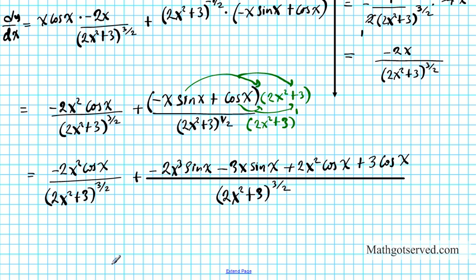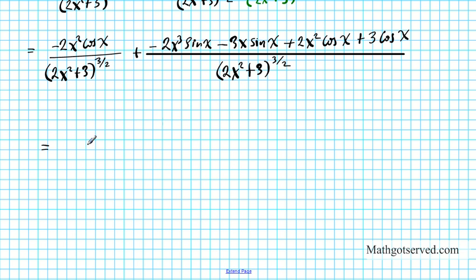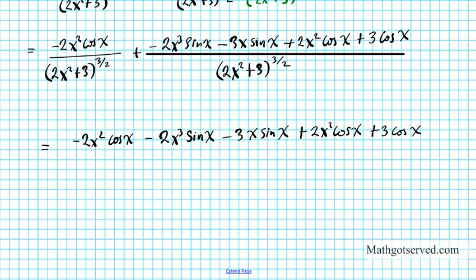Alright? Okay, now let's go ahead and combine these two. We're going to have negative 2x squared cosine x minus 2x to the third sine x minus 3x sine x plus 2x squared cosine x plus 3 cosine x, and this whole story divided by the quantity (2x squared plus 3) raised to the 3/2.